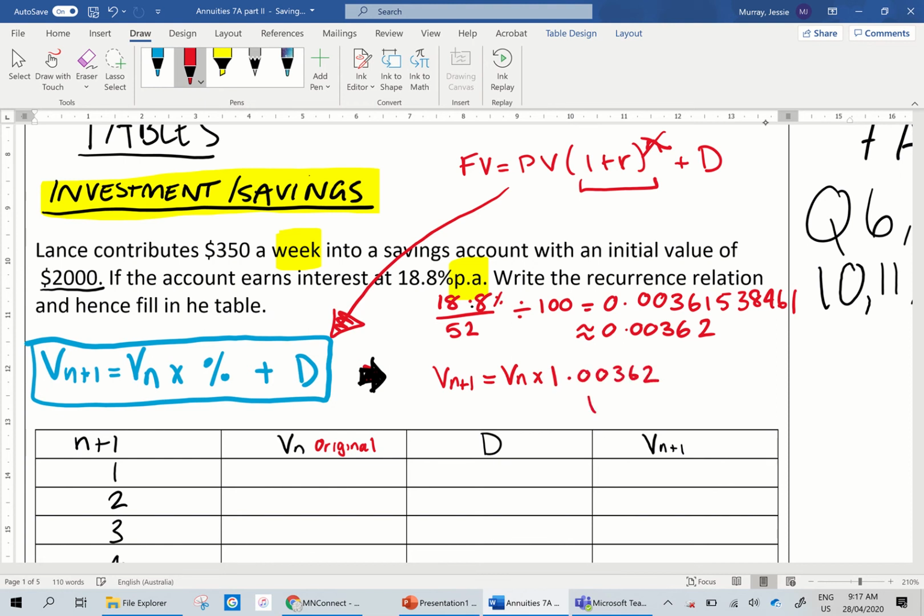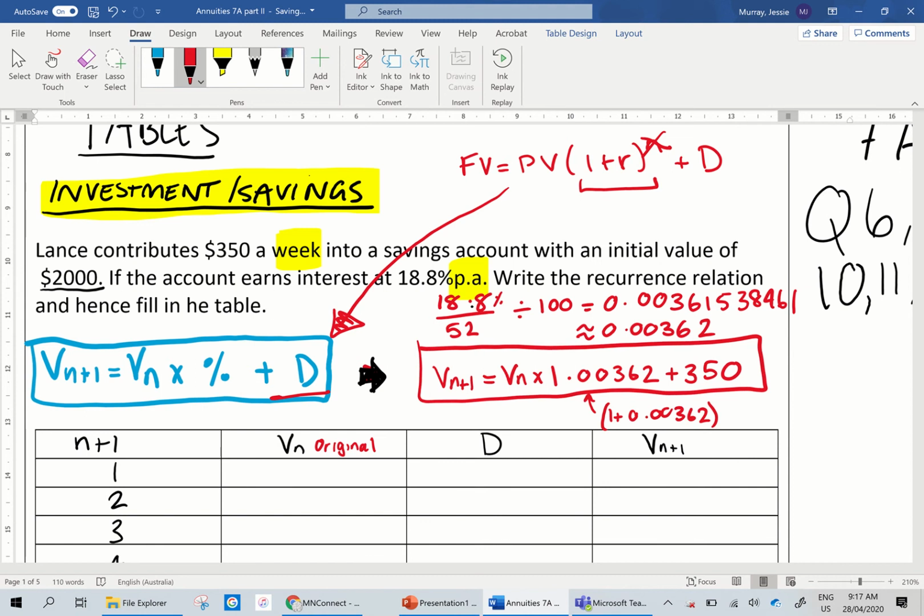Note there I just did 1 plus my 0.00362. So just remember you need to do 1 point, not just the 0 point. Then plus on your down payment. And that there is the recurrence relation.